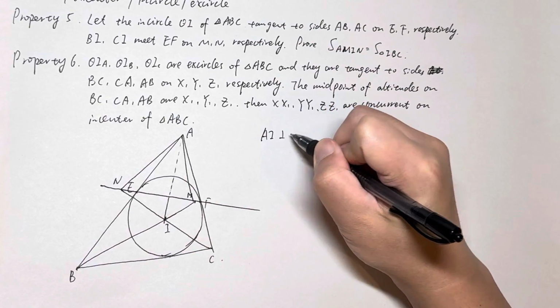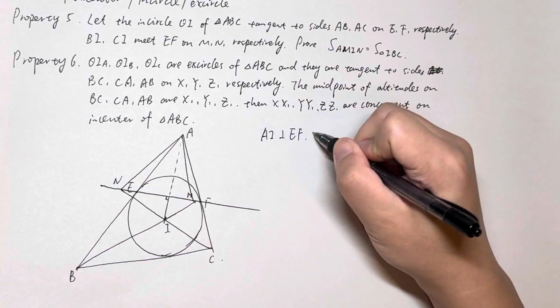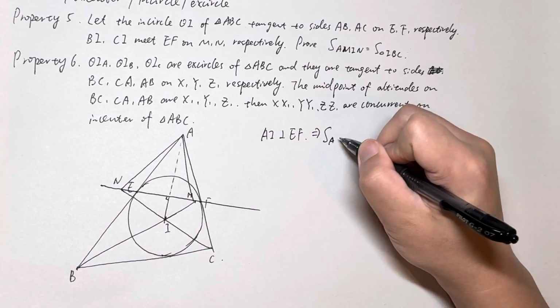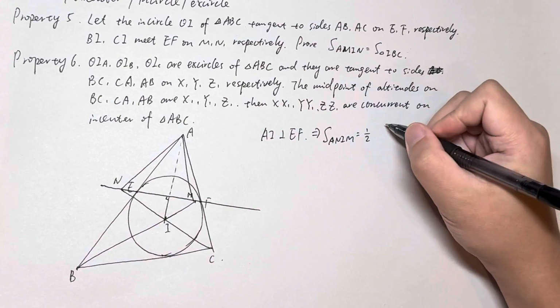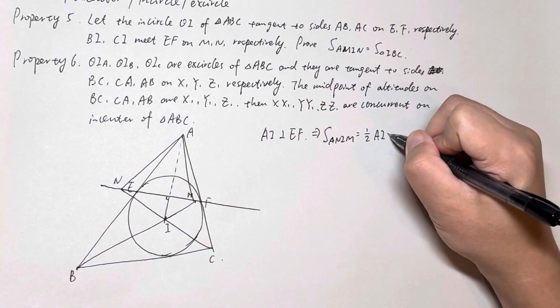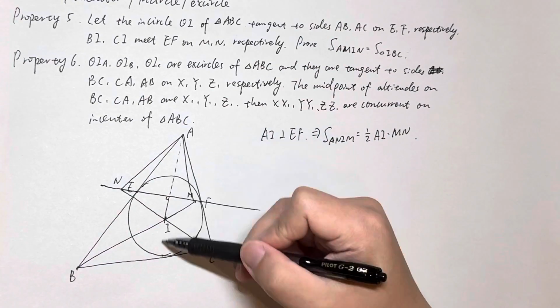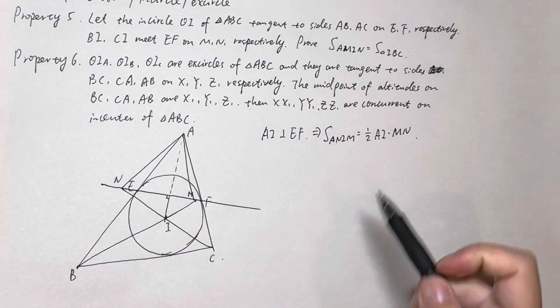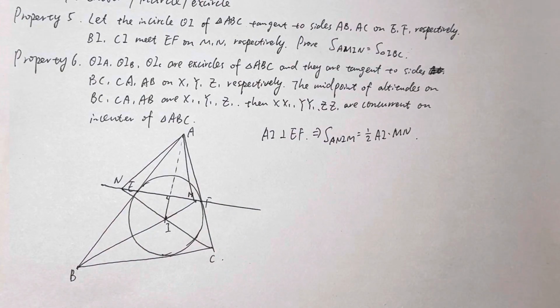Which means the area of ANIM can be calculated as half of AI times MN. That's the area of ANIM, okay?